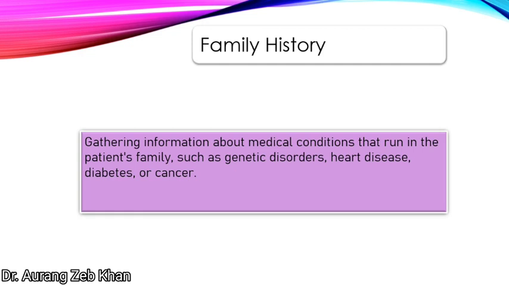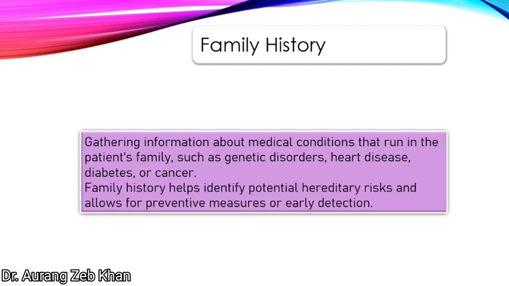If the patient is not currently having the disease but has a positive family history, you can judge from this information that the patient might contract that disease in the future. Family history helps identify potential hereditary risks and allows for preventive measures or early detection. The goal of the family history is to identify potential hereditary risks and allow for preventive measures or early detection.